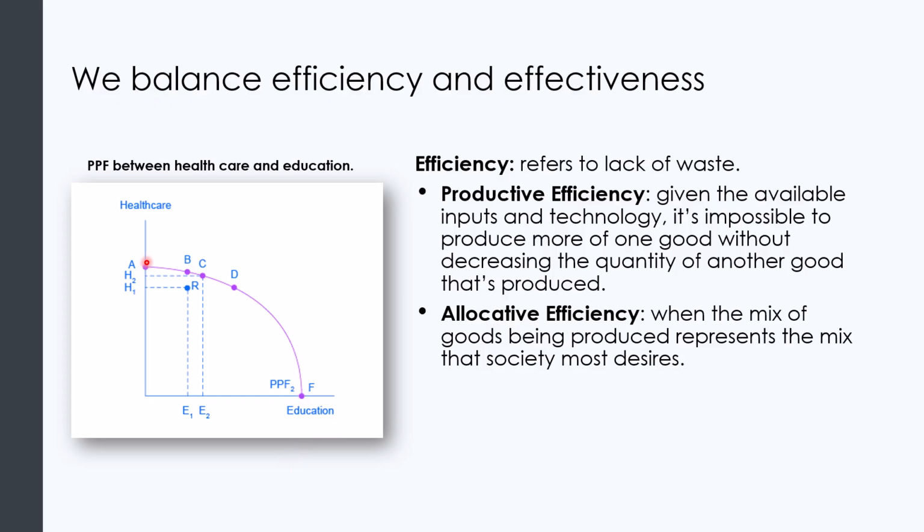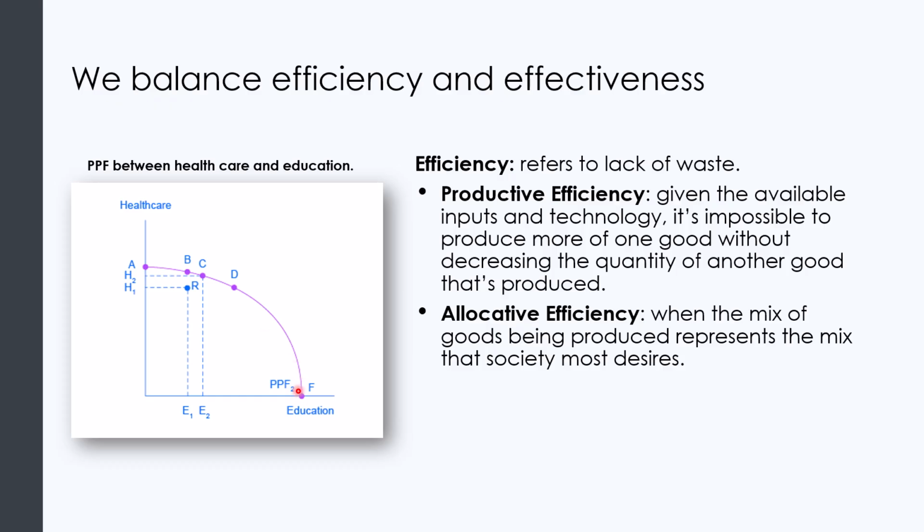So on the curve, when we are operating using all of our budget, we are productively efficient. Below the curve, we are productively inefficient because we're not maximizing the use of all of our resources.